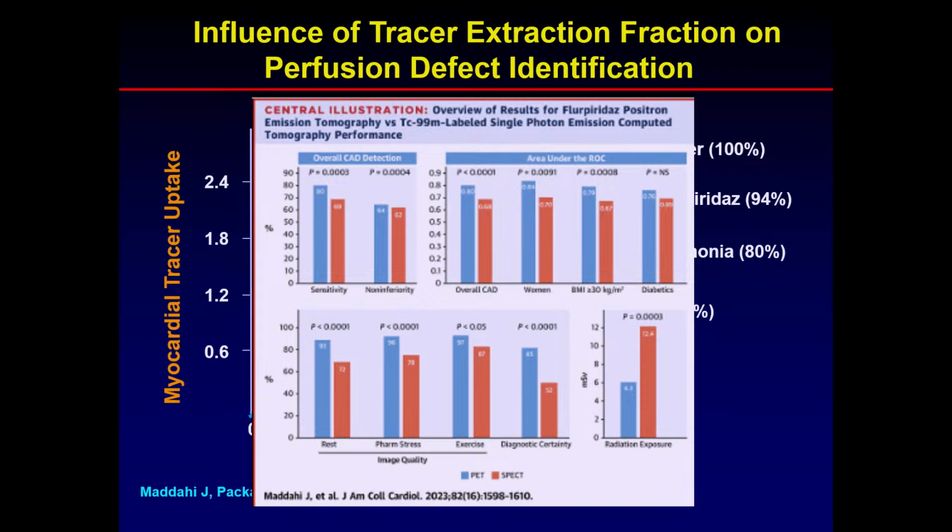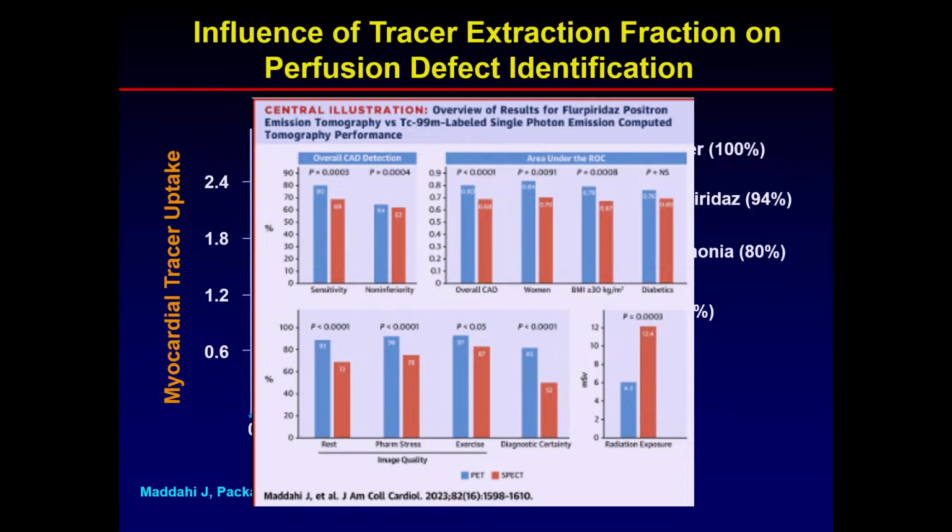Really no better detection in terms of specificity, but in terms of the ROC curves, all things, particularly in women and obese patients, improved with flurpiridaz as compared to technetium. And image quality was better, and accuracy was better, and radiation dose was less.